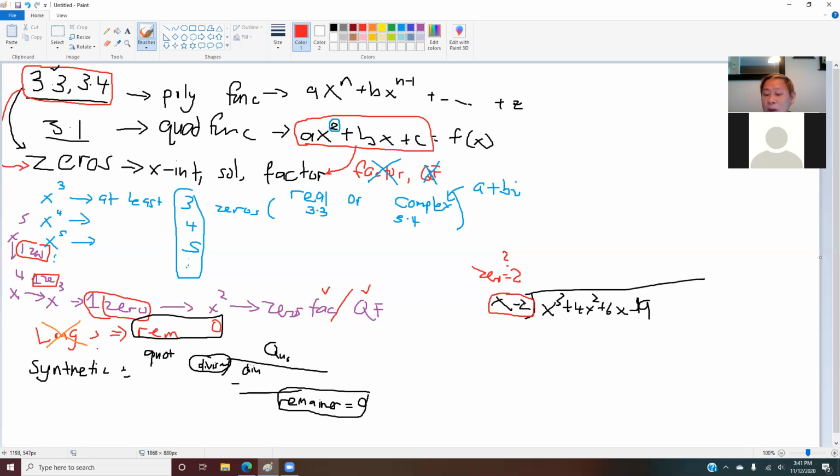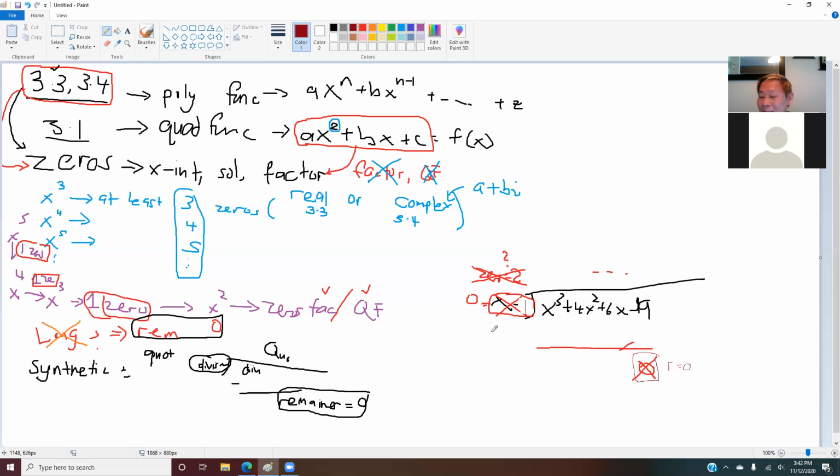And how do I get 2? You set this equal to 0 and you solve for x. And you have to do long division here, which is a lot of work. And if your remainder is not 0, then x minus 2 is not a factor, or in other words, 2 is not a 0. And what you need to do is change this to another number, let's say 1, and repeat this again until your remainder is 0.